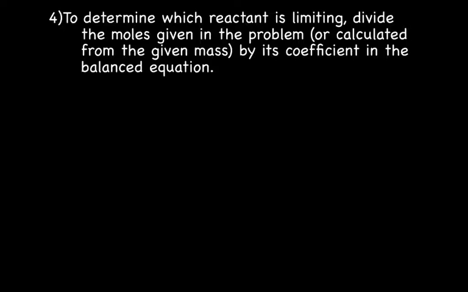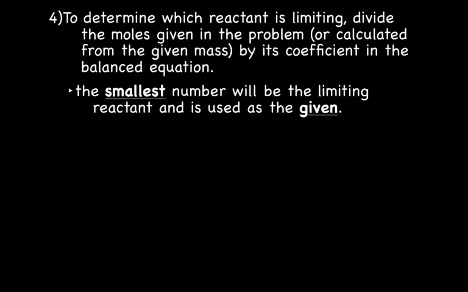Okay, now we get to the new stuff, so really think about this. To determine which reactant is limiting, you are going to divide the moles given in the problem, or calculated from the mass, by its coefficient from the balanced equation. So again, you're going to divide the moles given in the problem by its coefficient in the balanced equation.